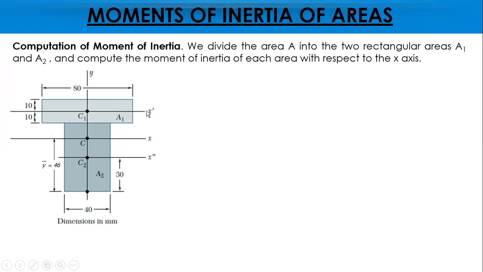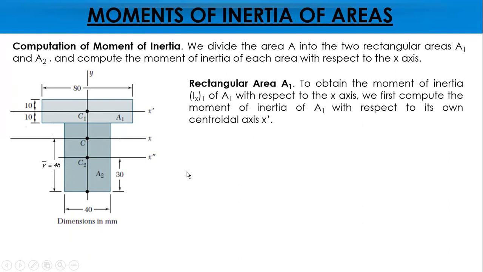This one, centroidal axis of element 1, x double prime, centroidal axis of element 2. This one is our arbitrary axis, which is the centroidal axis of the whole area. This one, centroidal axis of element 1. This one, centroidal axis of element 2. Our arbitrary axis is the centroidal axis of the whole area. Okay.